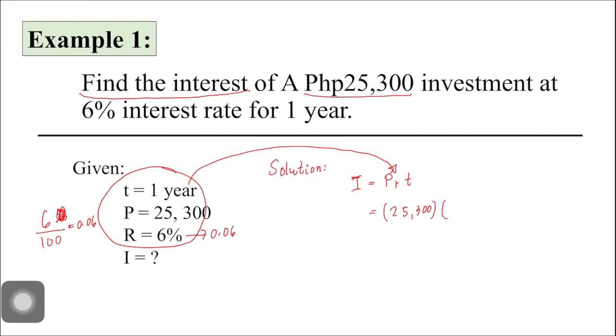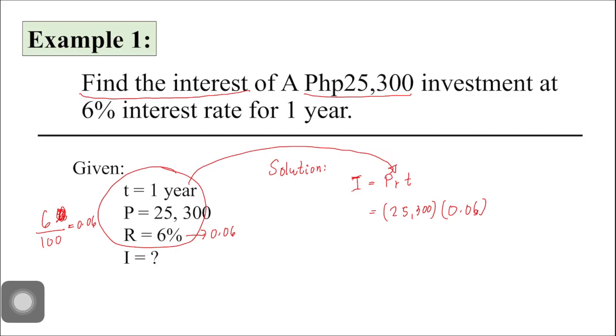So substitute here the 0.06. You should always convert the rate which is in percent into decimal form. You divide that by 100.